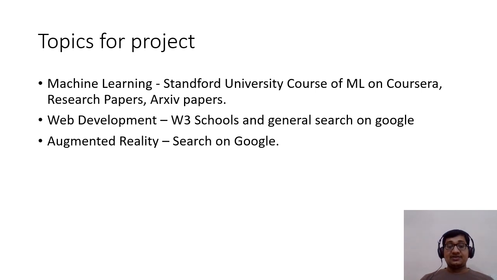Studying these research papers and arXiv papers is an important part. There is a distribution in these research papers: various sections like your abstract, introduction, literature review, proposed methodology, results, and conclusions. So there are 4 or 5 sections in research papers.